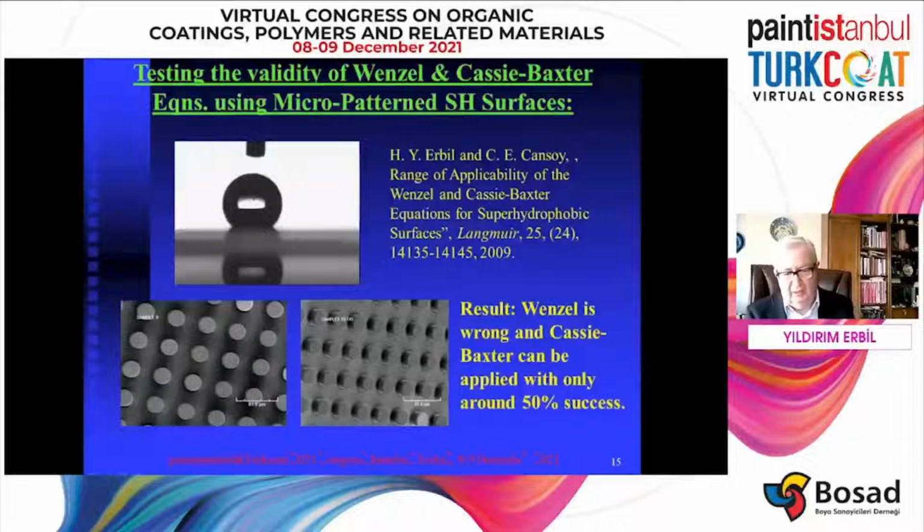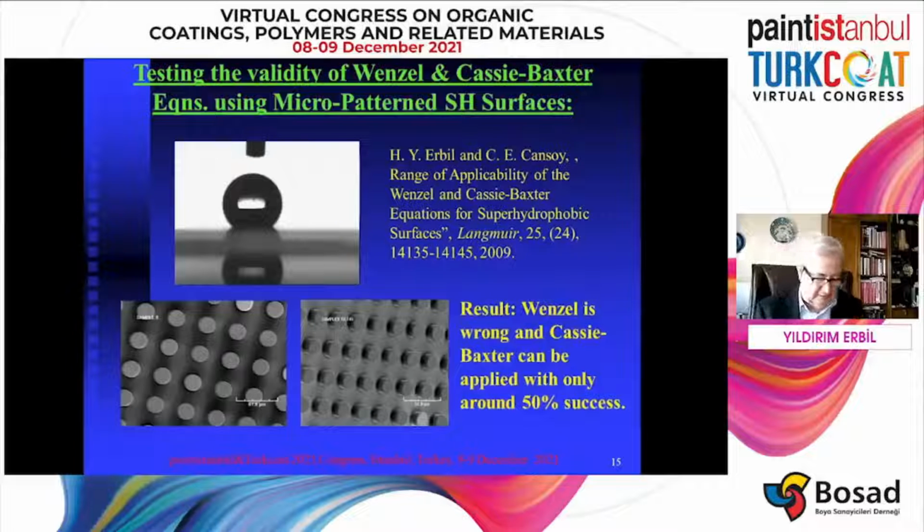Now, we also tested the applicability of the Wenzel and Cassie-Baxter expressions, and we applied a simple comparison method to test the contact angle results of 166 published superhydrophobic samples taken from 6 different publications, and found that the Wenzel equation did not fit the experimental results at all, but for Cassie-Baxter, around 54, 44 or 65%, or sometimes around 50%, we can fit the results.